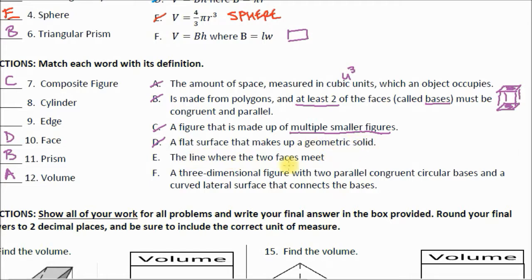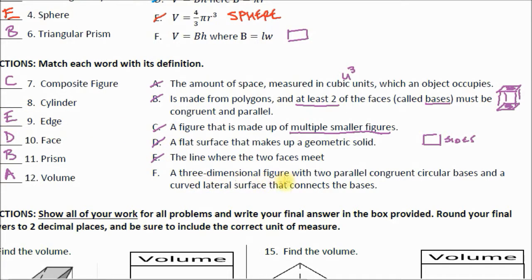The line where the two faces meet, that's this little edge right here. We know those are called edges. When they're two-dimensional, we call them sides. When they're three-dimensional, we call them edges. So the line where two faces meet is called an edge.